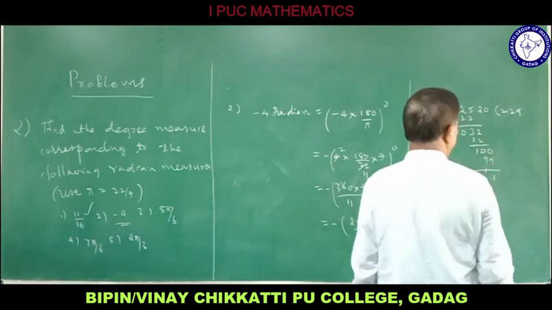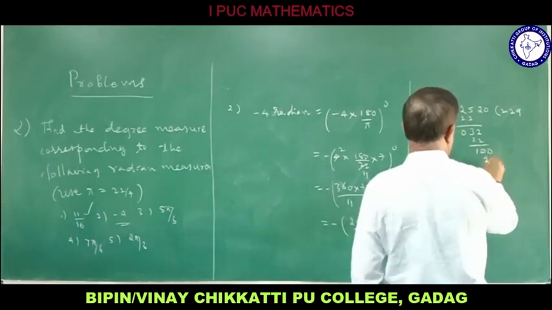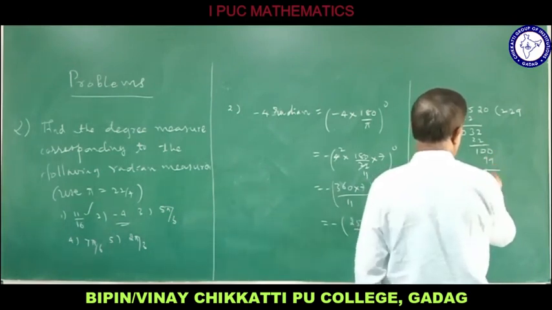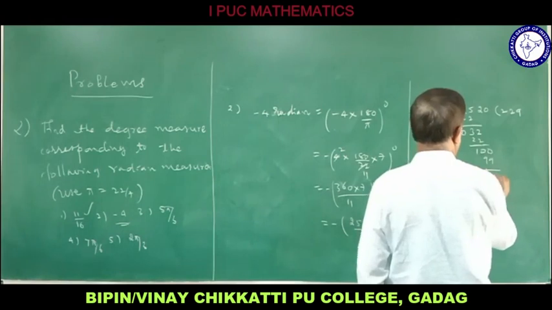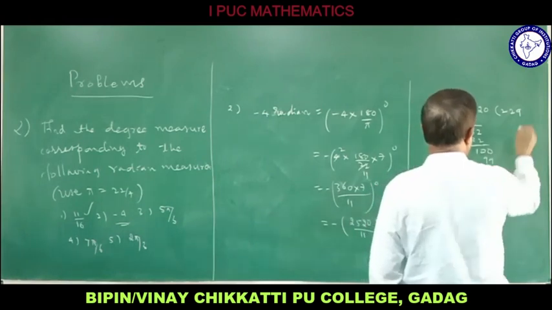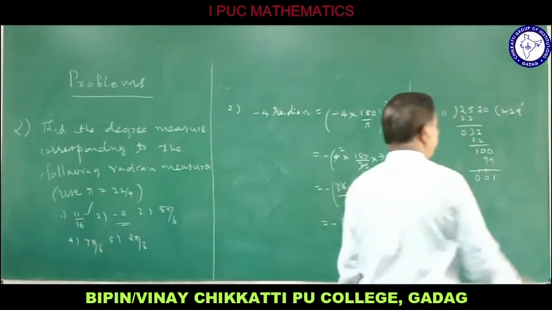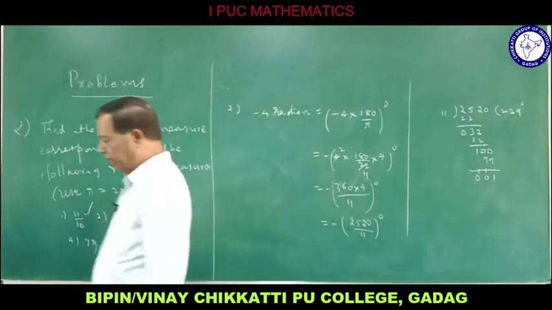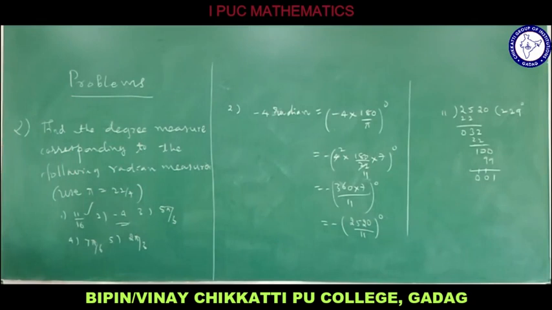So how many have you got here? You have got 229 degrees. How many degrees have you got? 229 degrees.